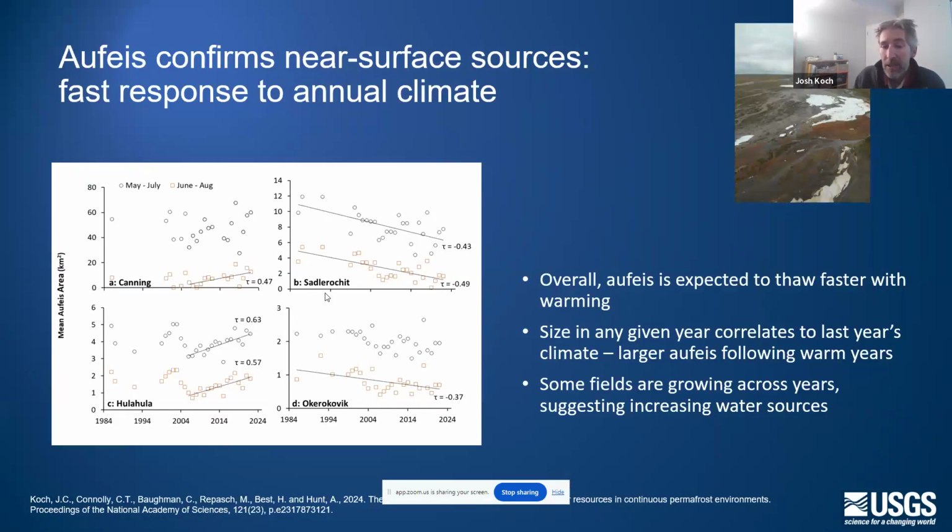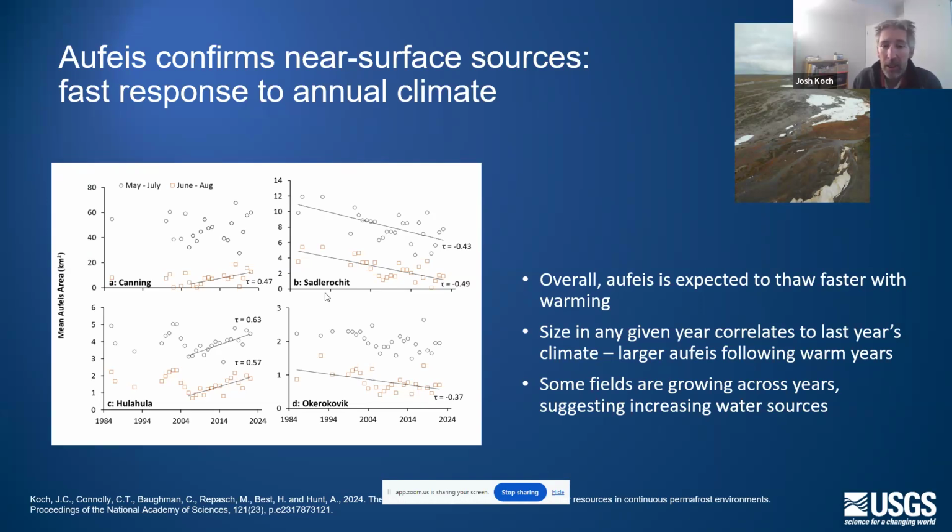The final piece of evidence that we thought about for this study was to think about aufeis fields and their size over the last several decades. So we were using remote sensing of the common aufeis fields and looking at how they change from year to year. We certainly see some trends, but perhaps even more interesting is that we see a lot of interannual variability.